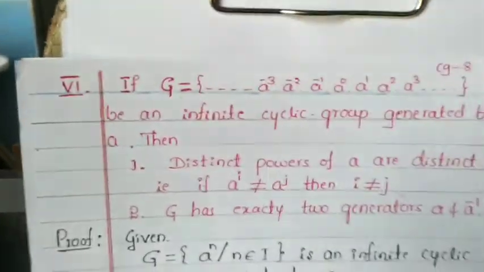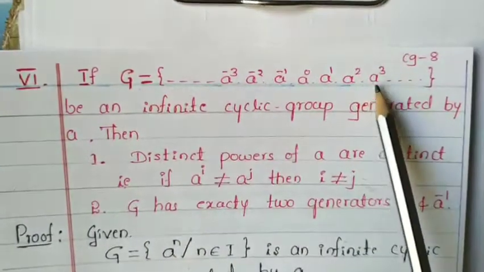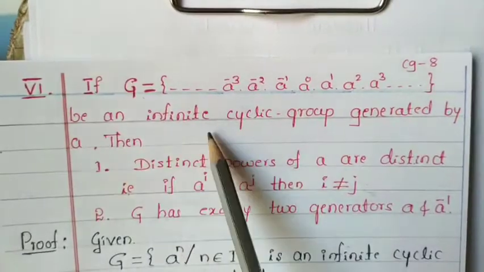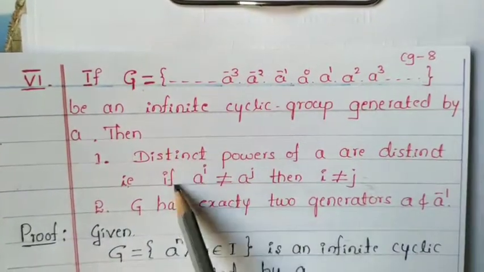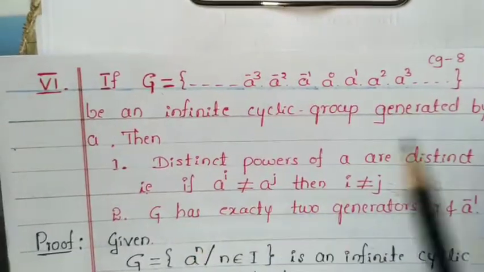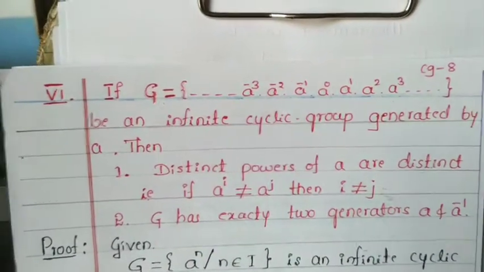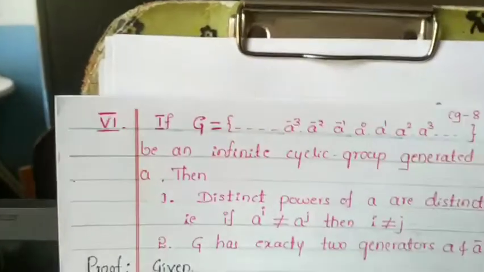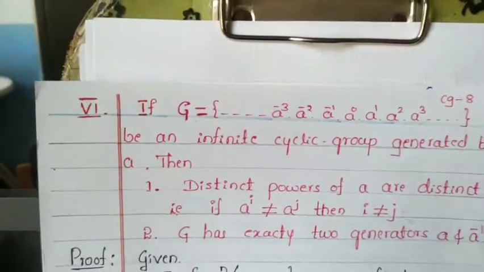If possible, try one more theorem. If G is an infinite cyclic group generated by a, then prove that distinct powers of a are distinct, and G has exactly two generators, a and a inverse. So work out these things in the cyclic group.